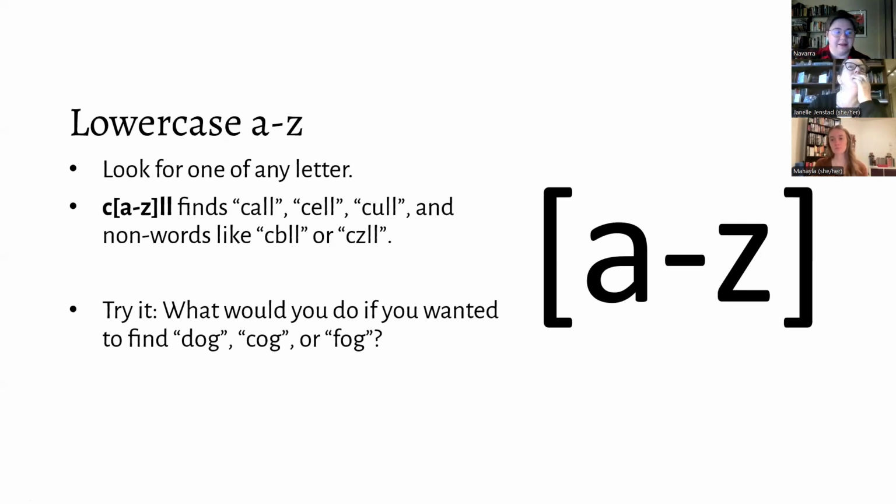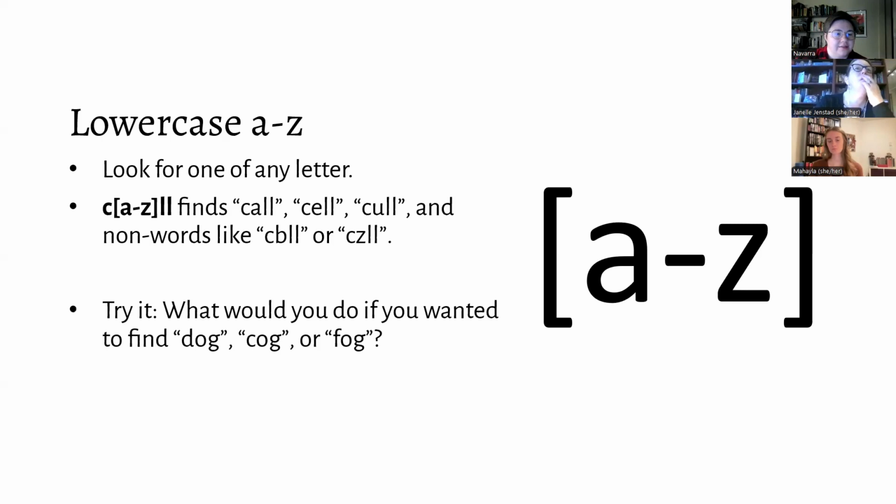We'll get to it in a second, but it would say there are 0 or more of that letter. So C asterisk LL would find CLL or just LL, which is kind of weird. We'll also look at how to put in a wildcard for letters.